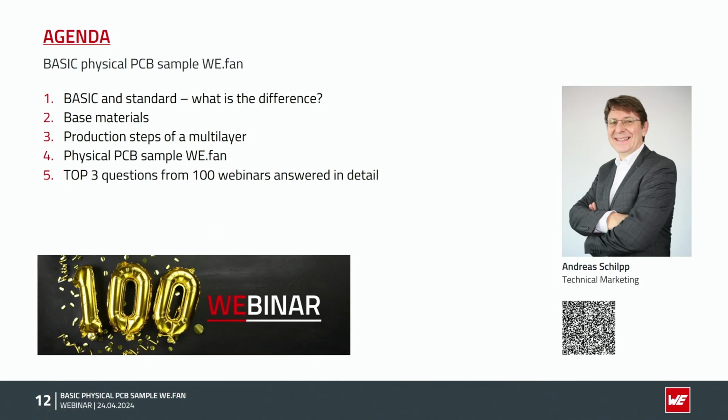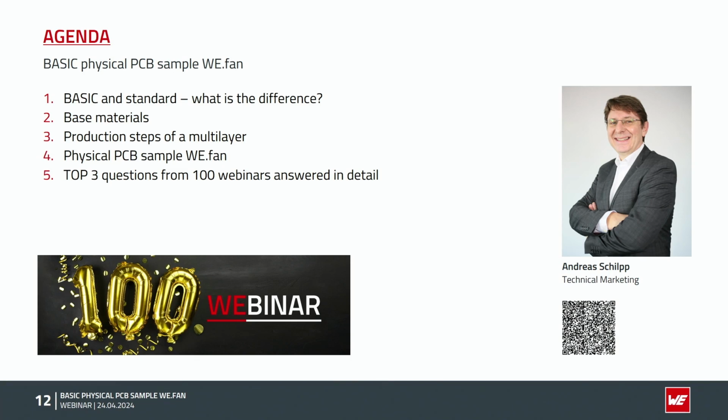So this is the agenda for today's webinar. First, we will care for the wordings basic and standard and what's the difference between those two words. Then we will have a closer look at base materials which are used in producing printed circuit boards. Then we will have a closer look at the steps of a production of a multilayer, step by step.